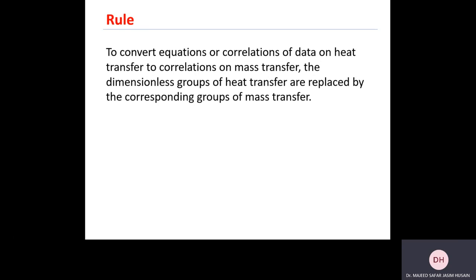So to convert equations or correlations of data on heat transfer to correlations on mass transfer, we are going to use the dimensionless groups of heat transfer and replace them by the corresponding groups of mass transfer. So this is what we will do. We will replace the heat transfer dimensionless groups with mass transfer dimensionless groups. That will be our aim.